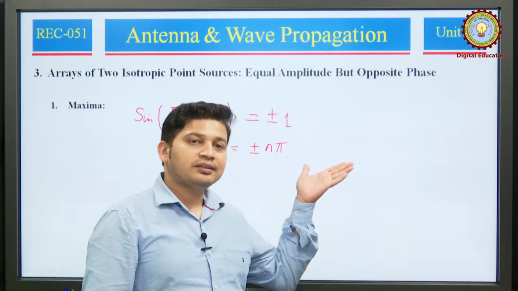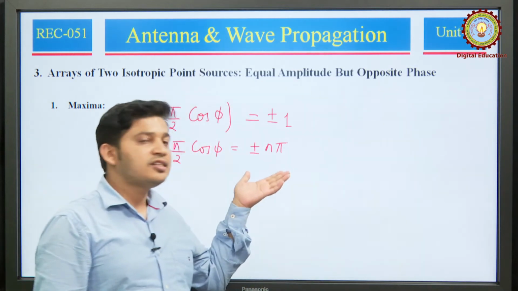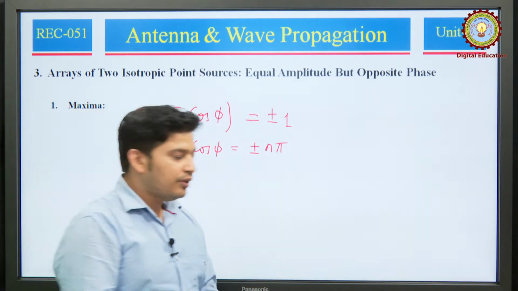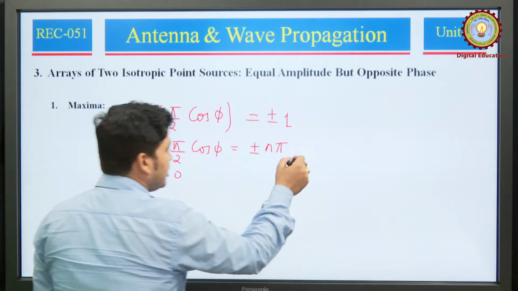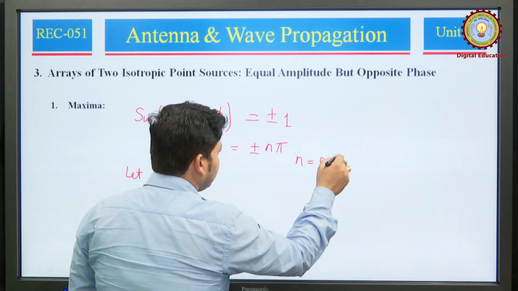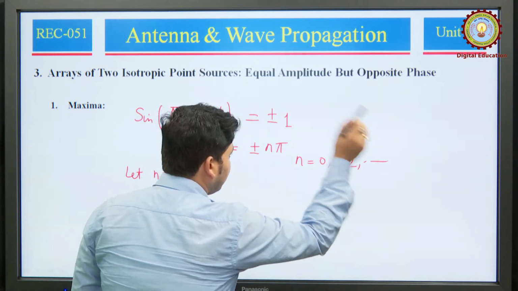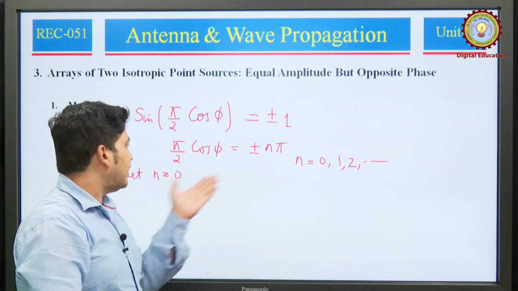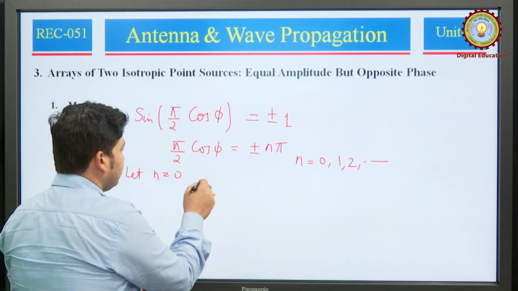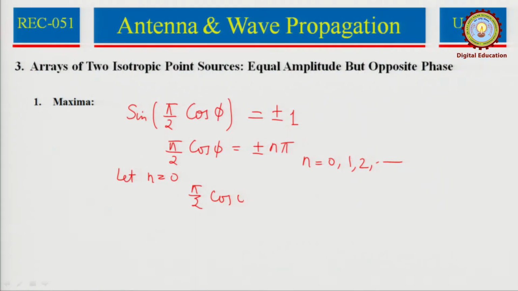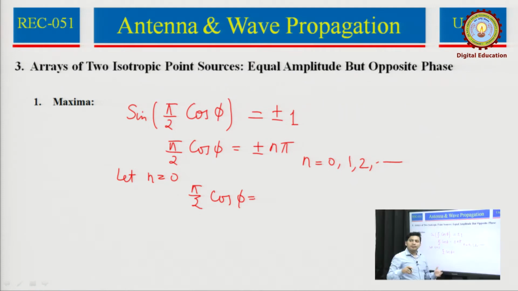Again the same scenario: let us first put n equal to 0. Then pi by 2 cos phi equals 0, since 0 multiplied by anything is again 0, so cos phi equals 0, because it is a maxima.